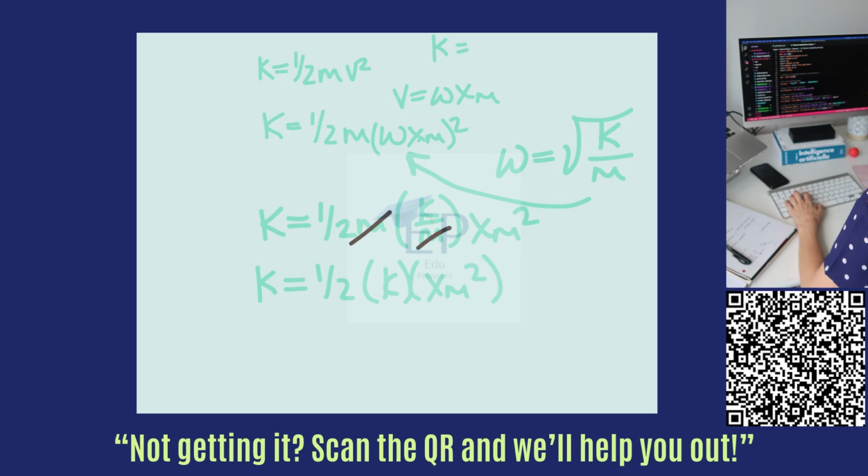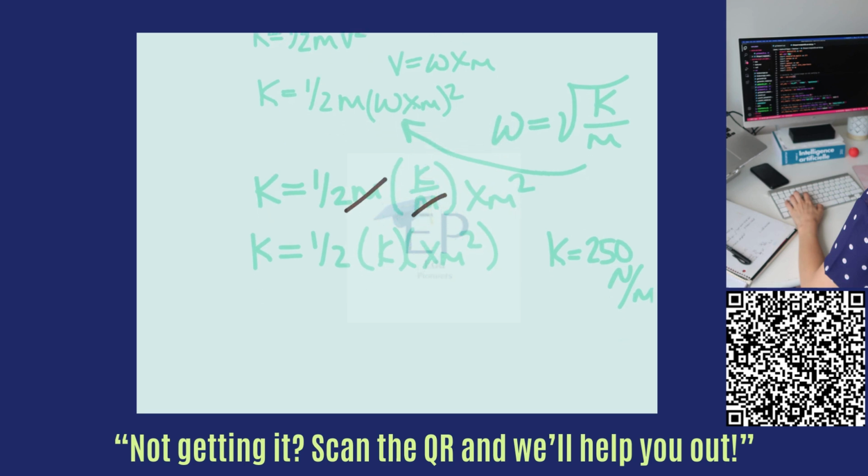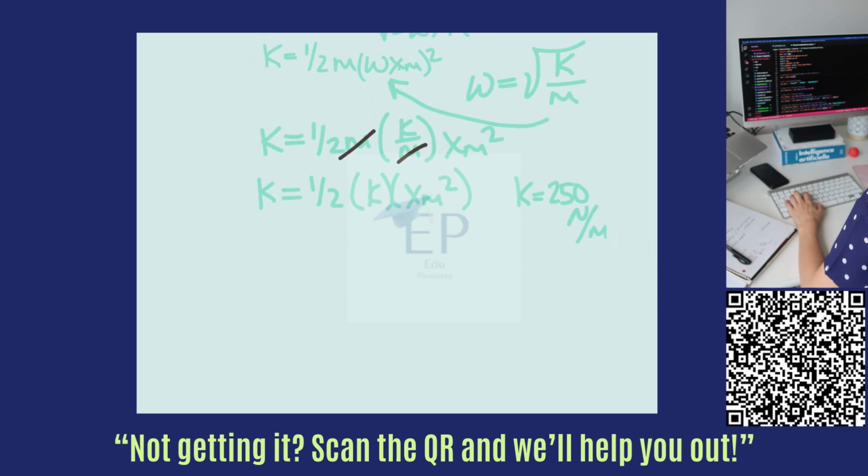And again, our spring constant equals 250 newtons per meter. So when we plug these values in, we have our kinetic energy equals 1/2 times 250 times 0.30 meters squared, which gives us a total kinetic energy of 11.3 joules.